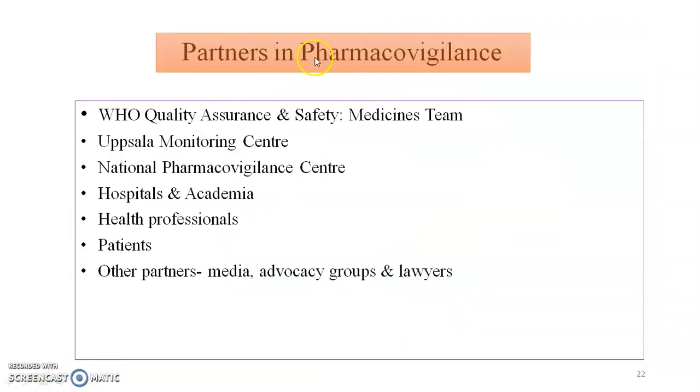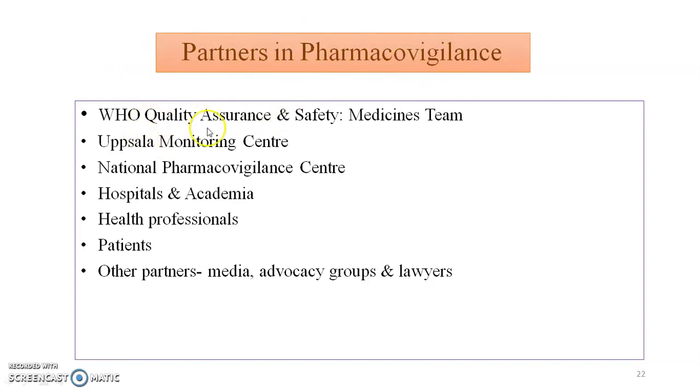So here the Indian government has come up with the Pharmacovigilance Programme of India, providing a platform for the safe and stringent use of medications. There are some partners for every pharmacovigilance.